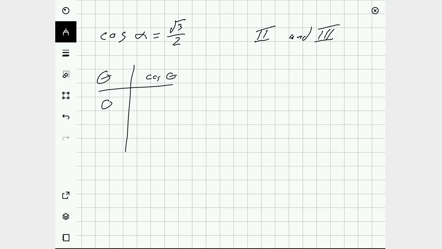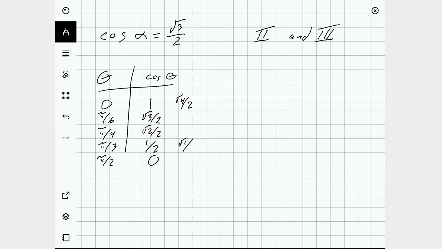Special angles are 0, pi over 6, pi over 4, pi over 3, and pi over 2. And the values are 1, which is root 4 over 2, root 3 over 2, root 2 over 2, 1/2, which is the same thing as root 1 over 2, and 0, which is the square root of 0 over 2.